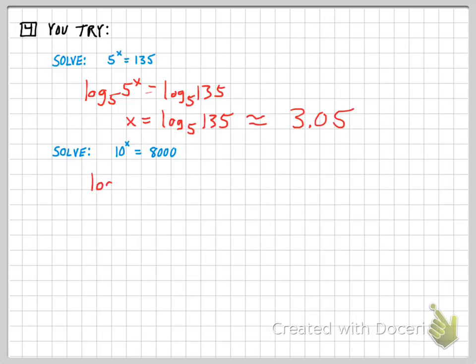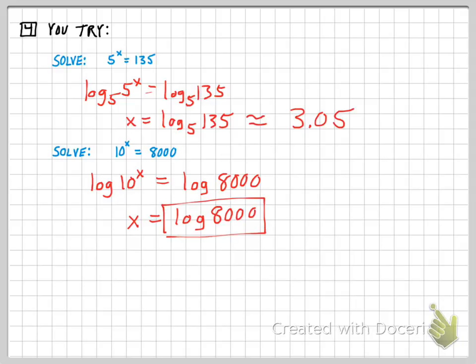Alright, with base 10, it's helpful to use common logs, so I'm going to do that. And my answer this time is just going to be log 8,000. This time your options were all logarithms, and so hopefully you chose this one as your answer.